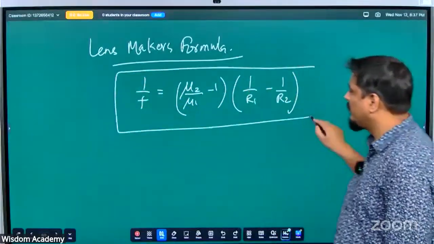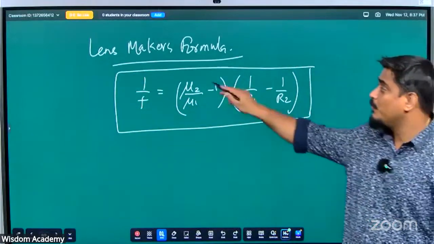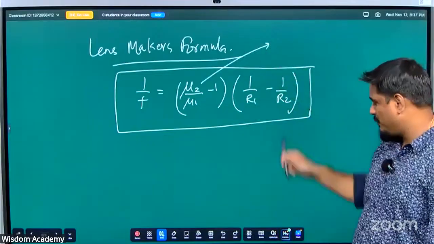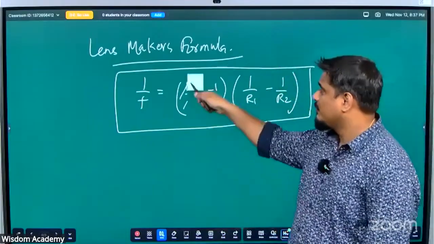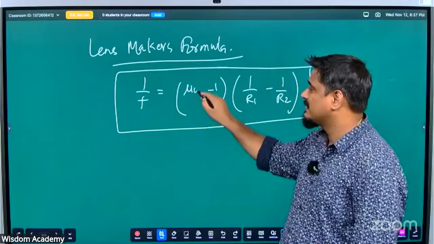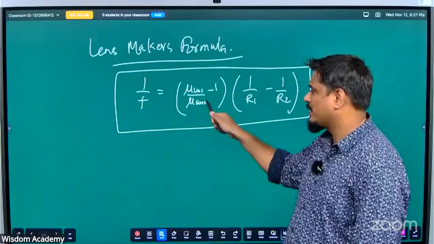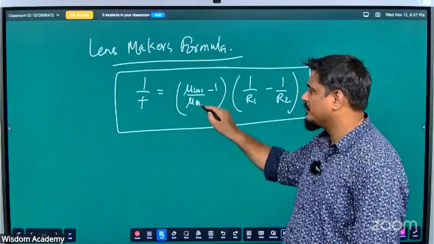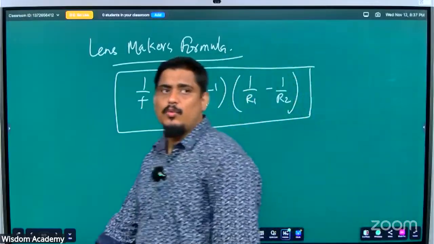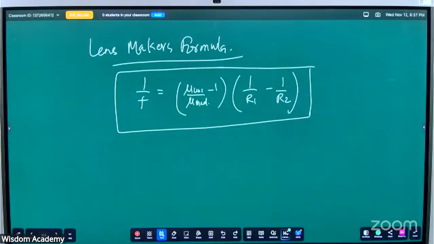This is the formula where mu2 and mu1, I can directly write here mu of lens divided by mu of surrounding medium. So 1 by f is equal to mu of lens by mu of medium minus 1 into 1 by R1 minus 1 by R2.